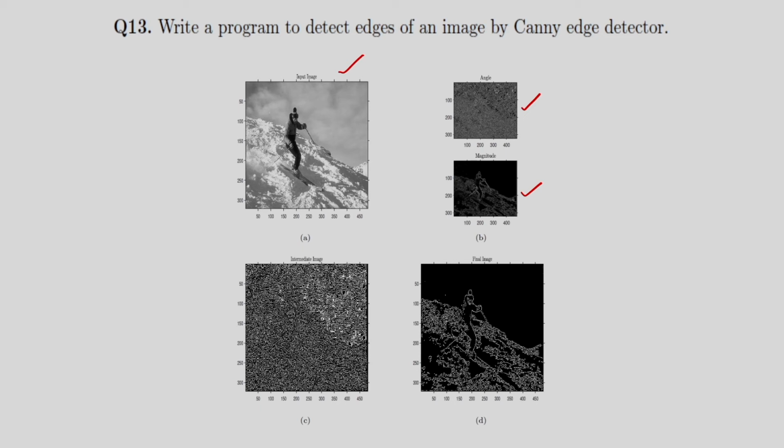So for this you can consider the low threshold and the high threshold, and based on this you can determine the edge pixels, and you can see that finally the edges are determined, that is the edge pixels are determined with the help of the Canny edge detector. So this is the concept of the Canny edge detector.